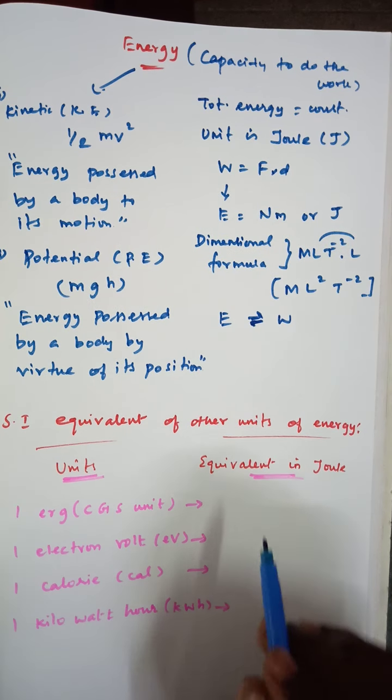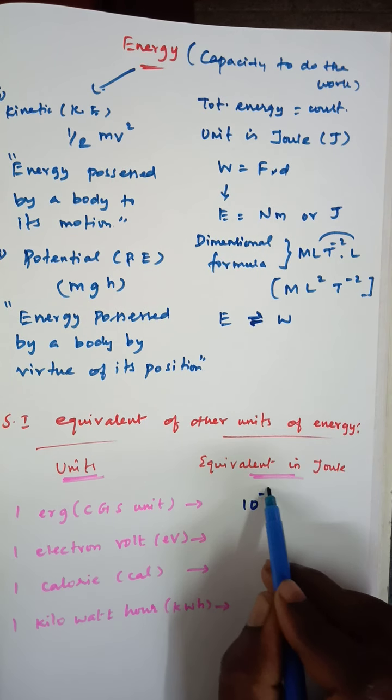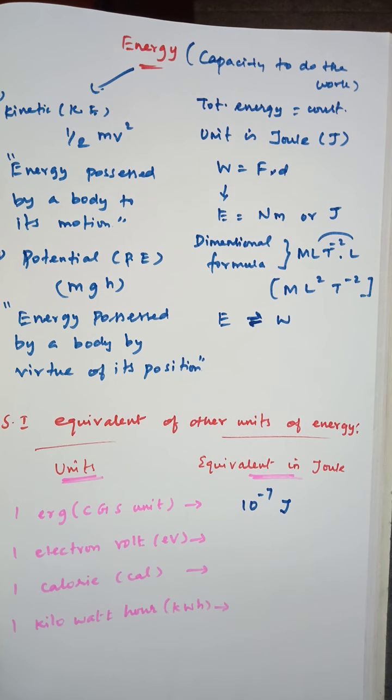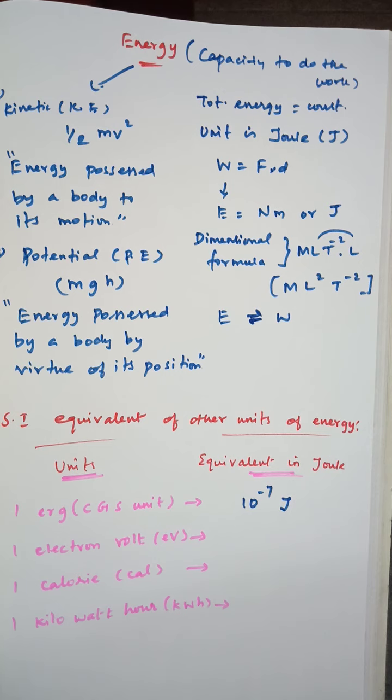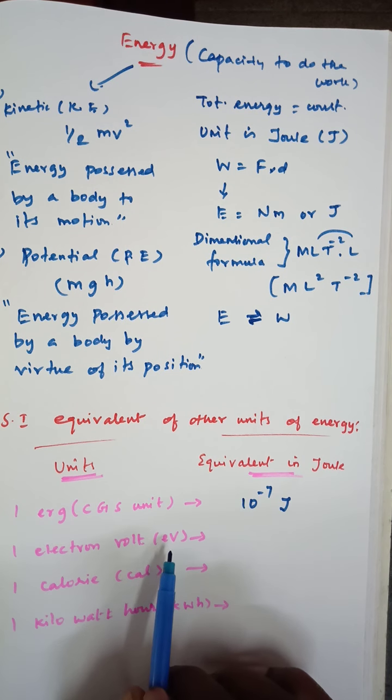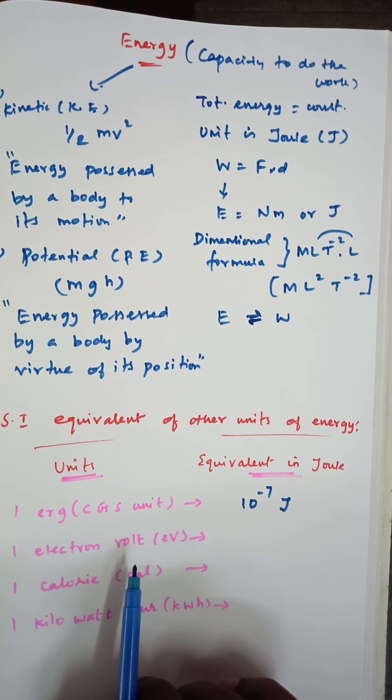That is equal to 10 power minus 7 joule, because it is very small in size, so that energy is also very small. Next, 1 electron volt, the symbol is eV. You will study it in 12th standard. We have to know the energy of small particles like proton, electron, neutron.